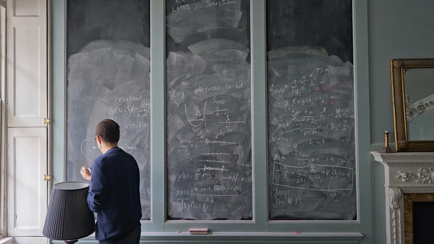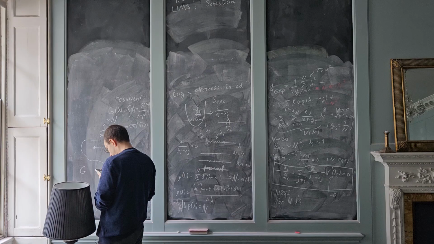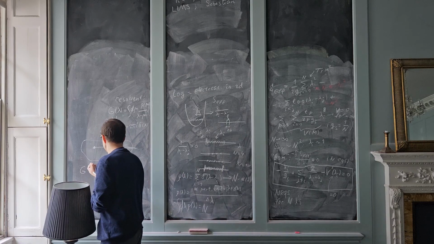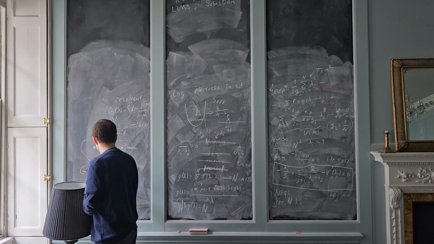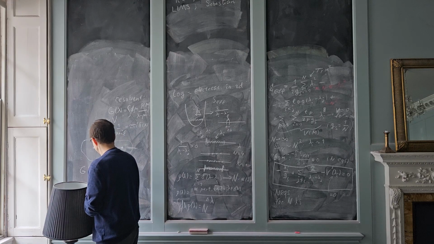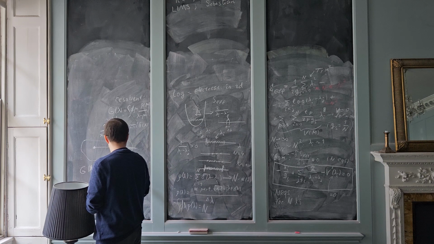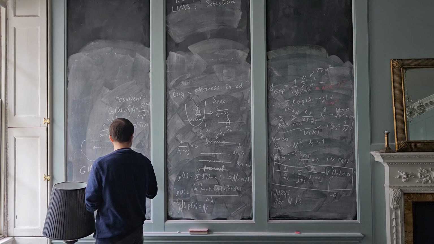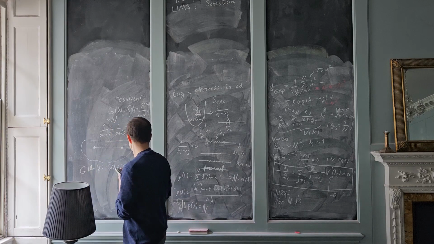One should be careful with the signs and i's. The sign might be off, but hopefully it's not. So g of lambda minus i epsilon minus g of lambda plus i epsilon is 2 pi i rho of lambda on the cut.